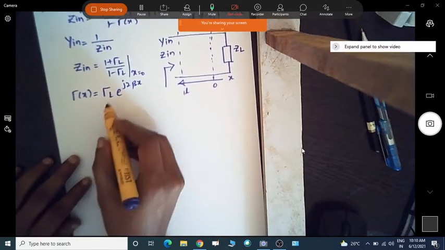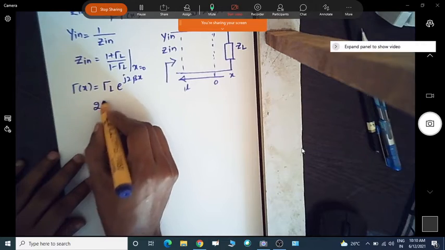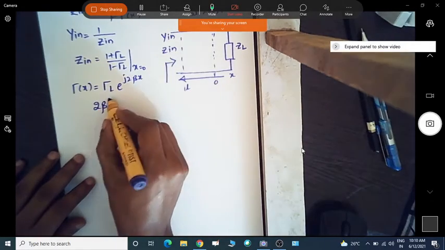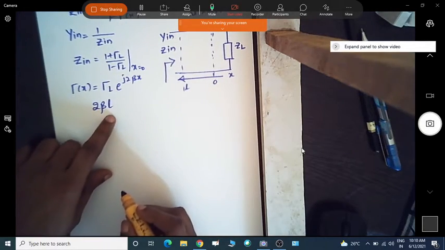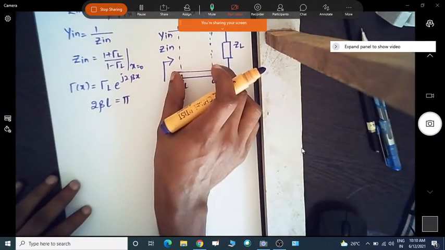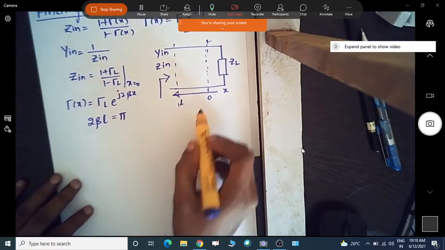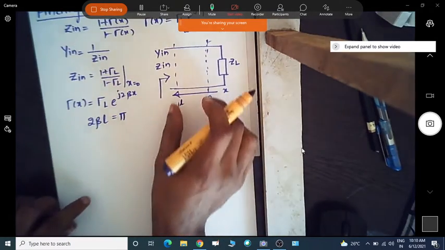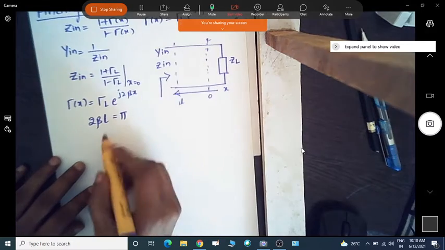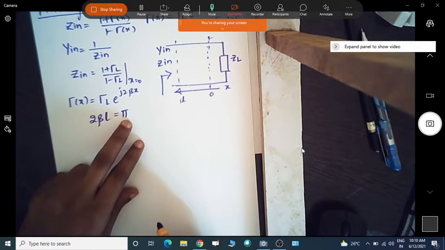Okay, so in order to get the admittance, we will take the length of the transmission line where we have the phase 2 beta L equal to pi, because the transmission line will change its phase by pi for the specified length. So we need to find for what length the phase change of pi will happen.